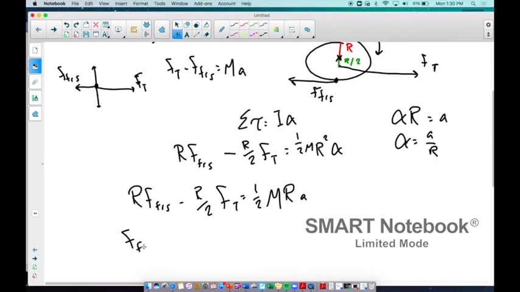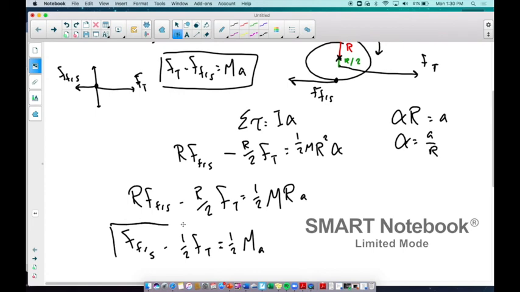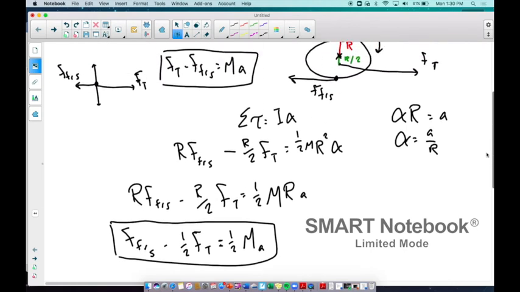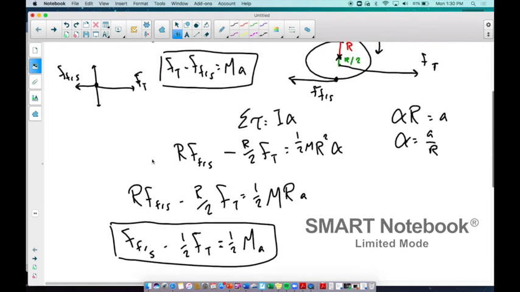So force of static friction minus 1/2 force of tension equals 1/2 MA. And now we could combine these two equations, our translational equation and our rotational equation, and we could start to solve for some things. We could even compare the strengths of these two forces if we wanted to. I'll leave that algebra up to you.